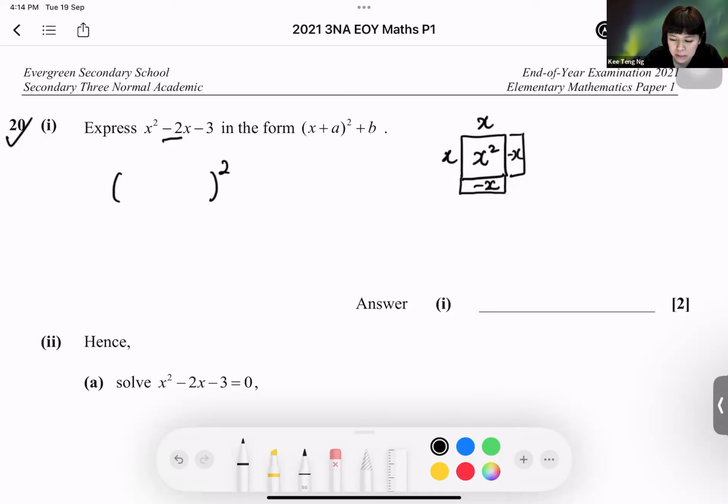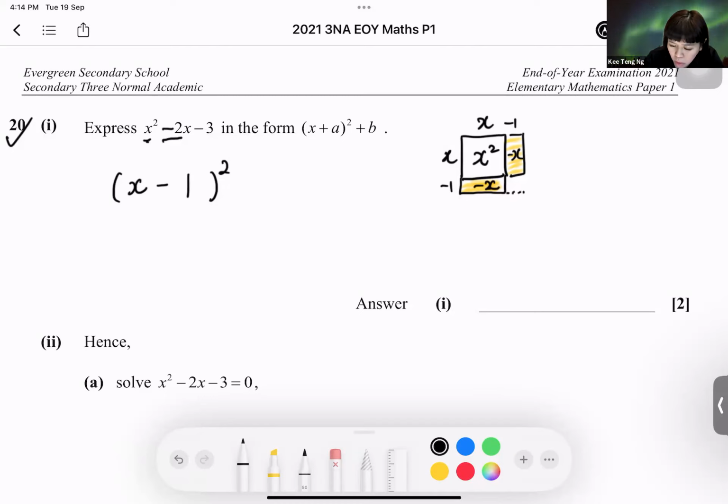From here, I can see this is negative 1, so negative 1 times x, negative 1 times x, gives you negative 2x in area. So x squared becomes x, minus is still minus, 2x I drop away the x and divide by 2. 2 divided by 2 is 1.